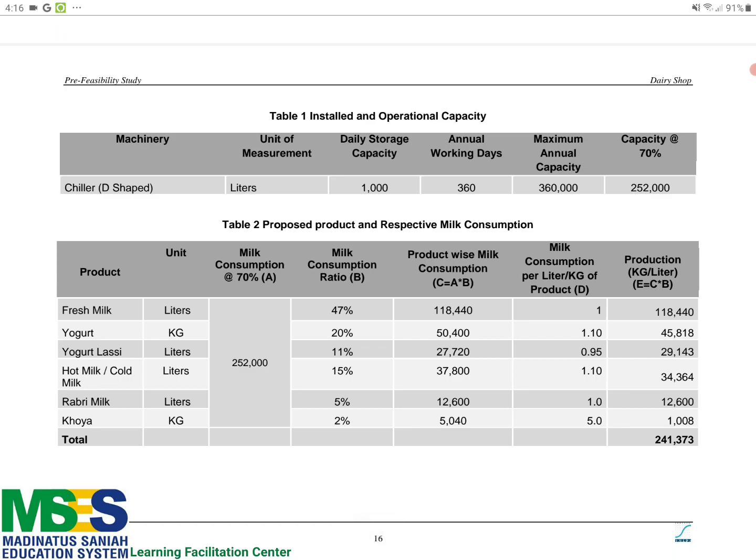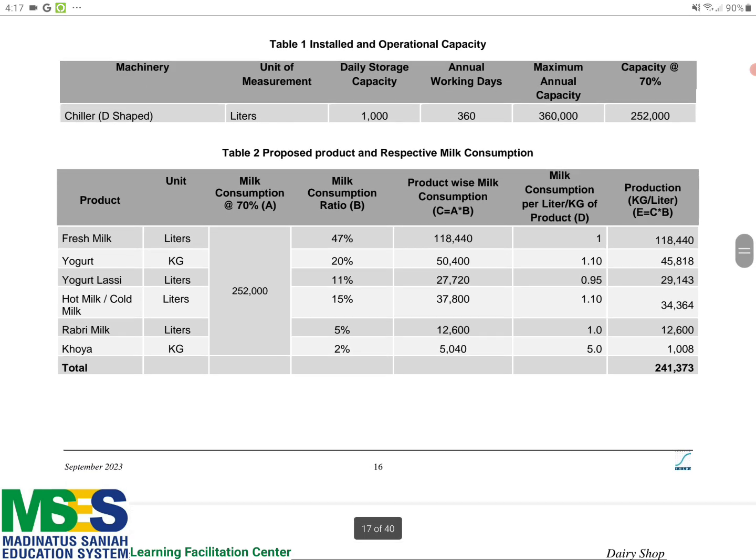It's 2 lakh 52,000 liters. So what he's saying is that his chiller, which can contain 1,000 liters of milk, can keep 1,000 liters of milk for 2 days, but we are assuming that we are selling 1,000 liters every day. This is how we are selling 252,000 liters of milk every year.